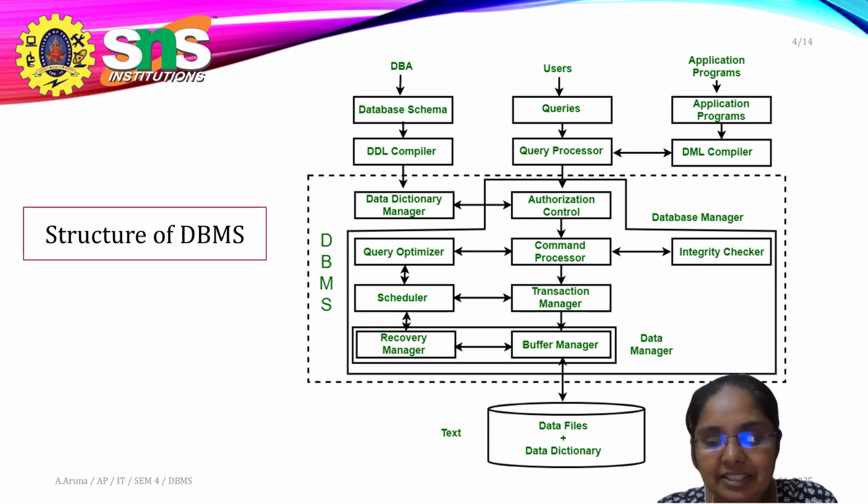First it checks the integrity and sends to the command processor. The command processor gets control from the authenticity control and authorization control. Through that it is transmitted to the transaction manager, which works based on the scheduler. The query optimizer works simultaneously. It is sent to the buffer manager, which sends everything to the data dictionary manager, and through that it gets the data from the database.